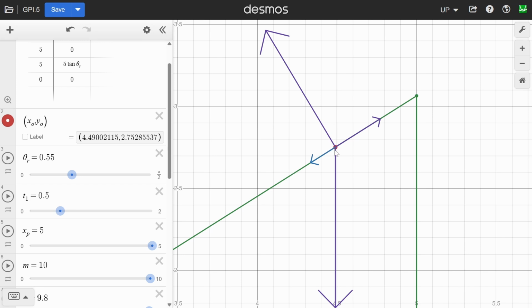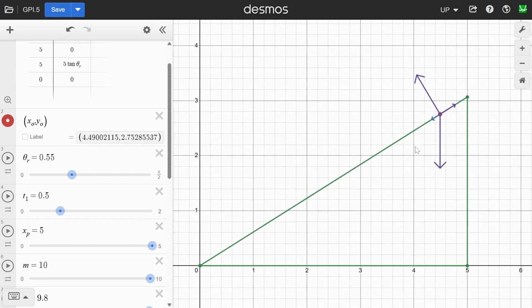That means that it will later accelerate towards this direction, not a value perpendicular to it. And so from the simulation, we can see that this object is going down, speeding up. So okay, this makes sense.